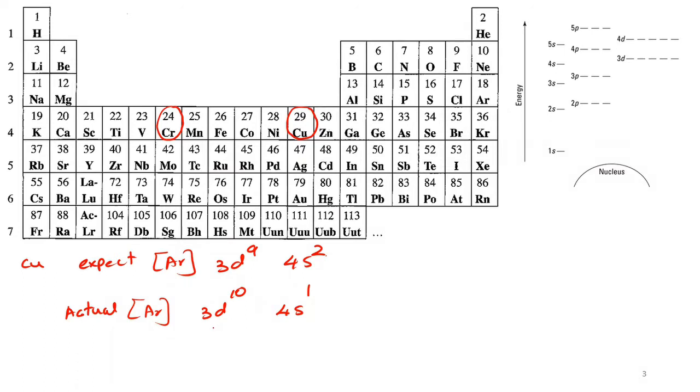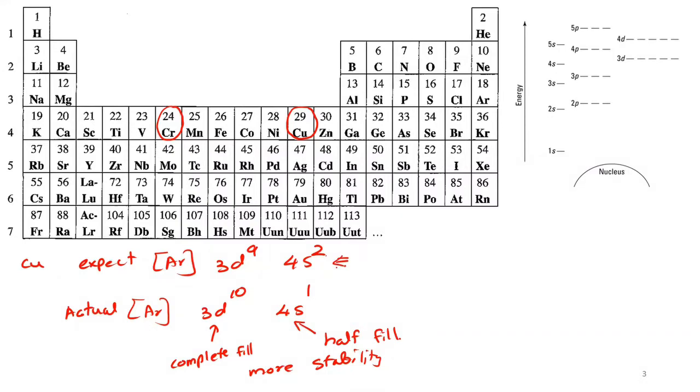And if you consider this electron setup, you can see that these d orbitals have been completely filled. This one is completely filled. And the 4s is half filled. So this situation brings more stability than the one you expect.